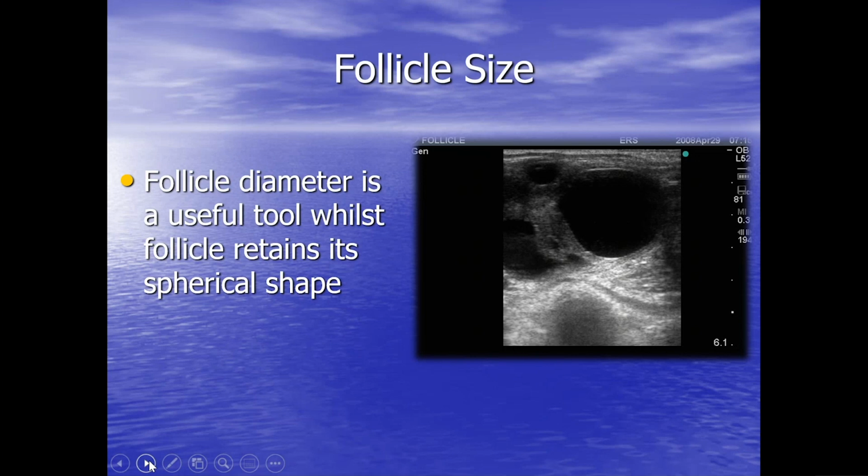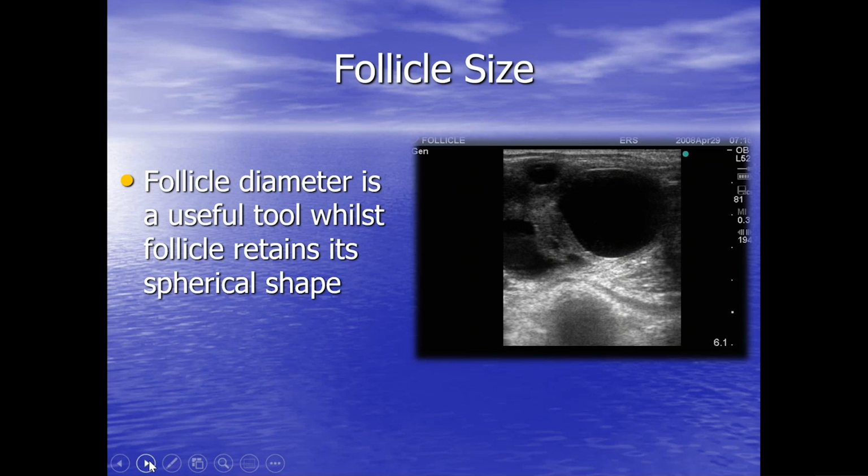And I think it's important to make the point that follicle diameter is really important to measure. I'm not saying it isn't important. What I'm saying is it is not an accurate predictor of when a mare is going to ovulate in the 24 to 36 hours immediately prior to ovulation. It's an important concept, this.